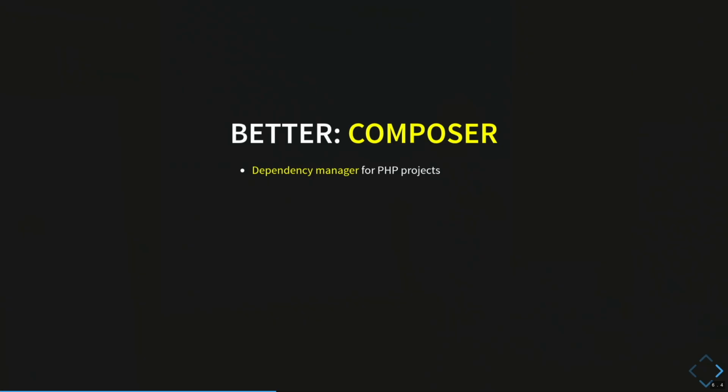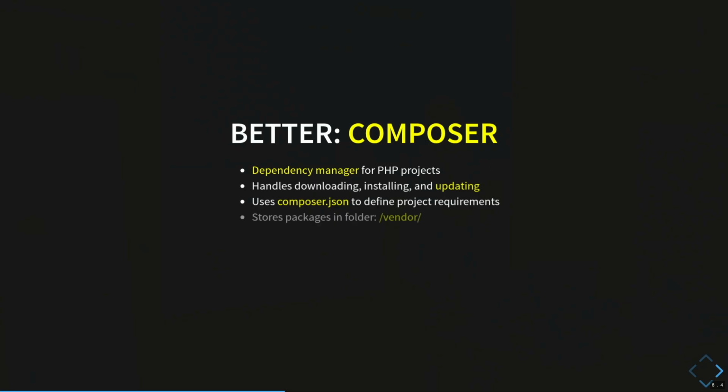Composer is a dependency manager. You can tell in the configuration files that you want a certain version of certain software, and if the package uses other packages, it will also download those when you install them. The file is called composer.json, and if you install packages, you will end up with a vendor folder. Maybe there are people here who saw the talk of Benjamin today.